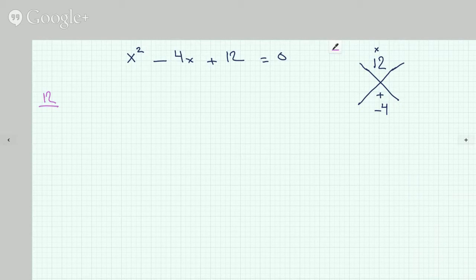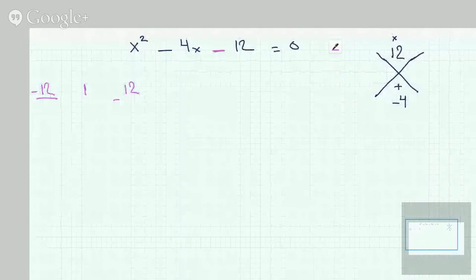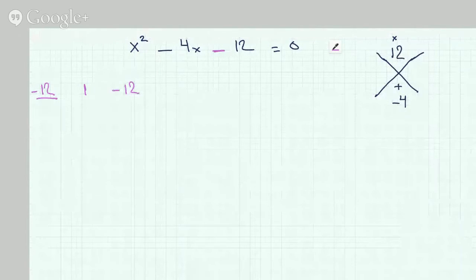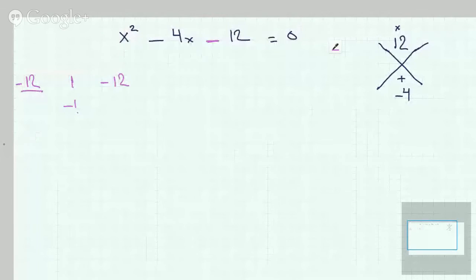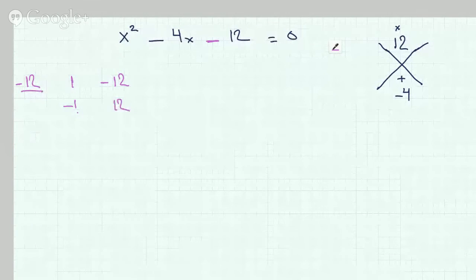So we have 1 times 12. Oh, sorry, for this to work, this has to be a minus here. So minus 12. One of those has to be a negative. So either the 1 could be a negative or the 12 could be a negative. Let's just say that the 12 is the negative. It could be the other way around: minus 1 and plus 12.